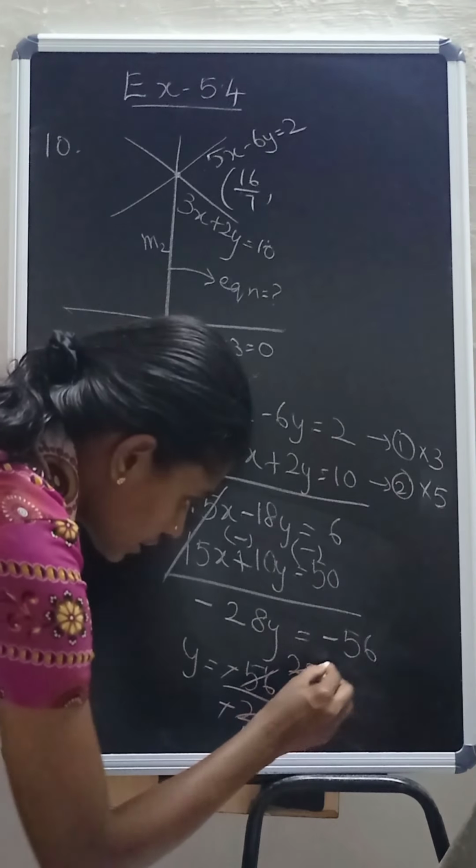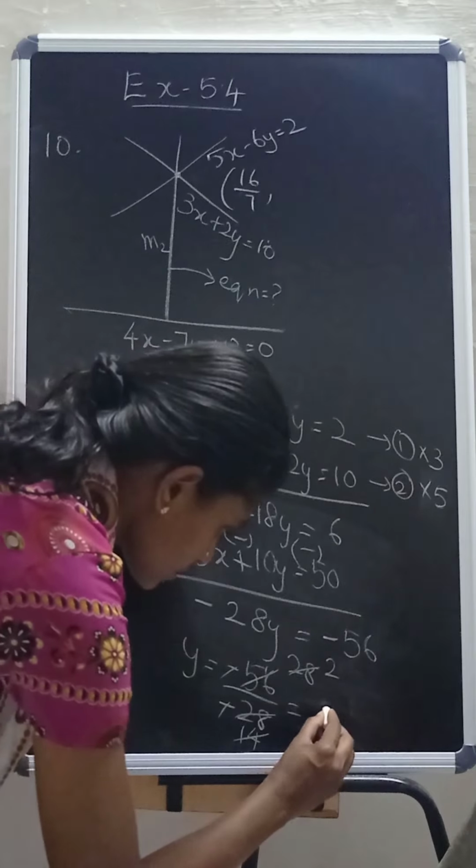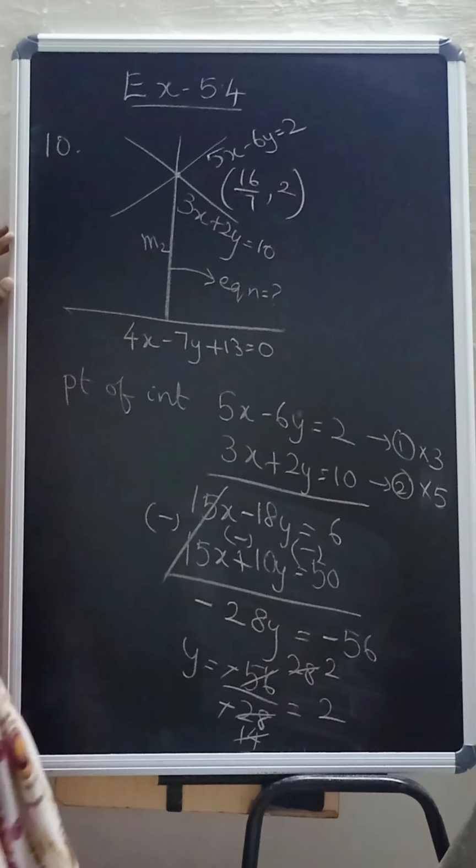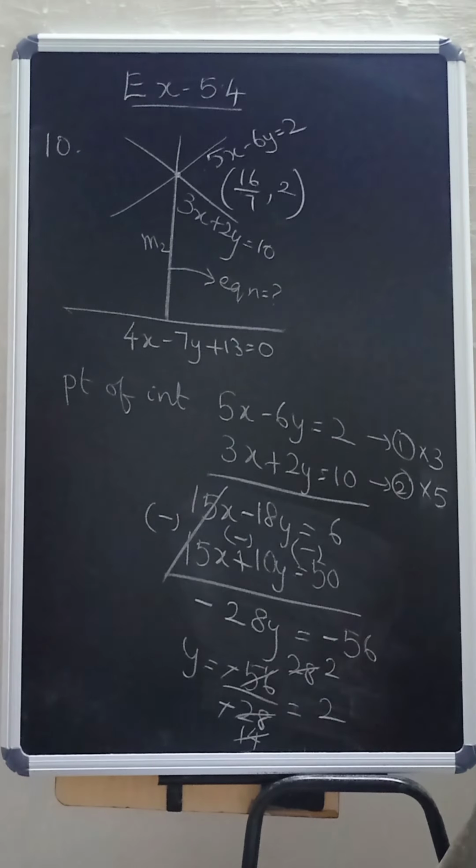Now 14 2s are 28. So I have got y value 2.